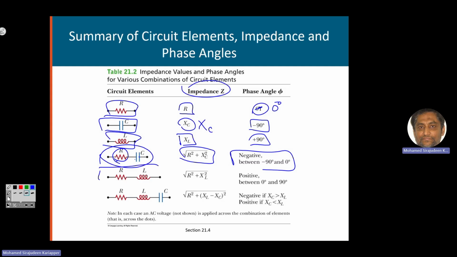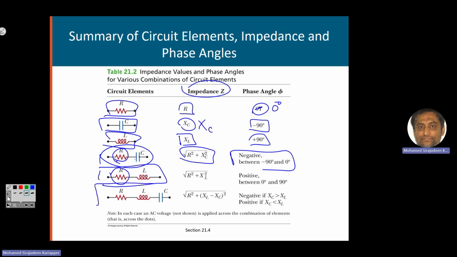Then we can take this case of no capacitor. That means the phase angle will be positive because there's no capacitor to make it negative. What happens with the inductor? It will push towards 90 degrees. If it is a pure inductor, it will be exactly 90 degrees. But we also have a resistor, so it will be something between 0 and 90.